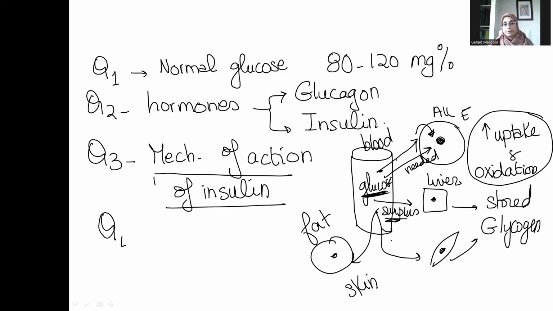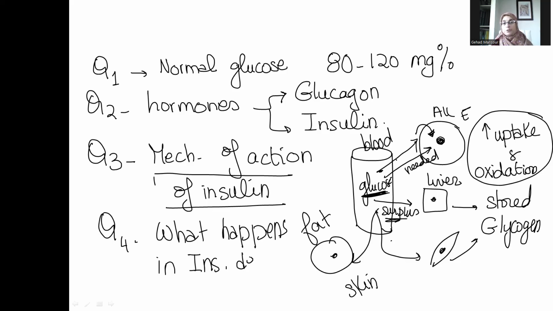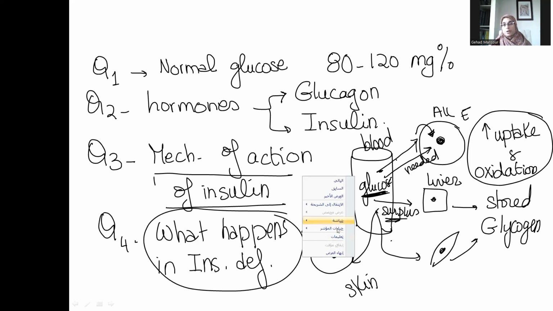And then you might be asked about what happens in insulin deficiency, which is another way of saying what happens in diabetes mellitus. Of course, in insulin deficiency, the opposite will occur, meaning that if there isn't insulin and all these actions I've just been explaining depend on insulin, then there will not be uptake and utilization of glucose by the cells.